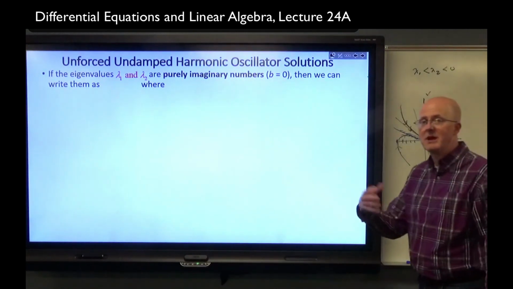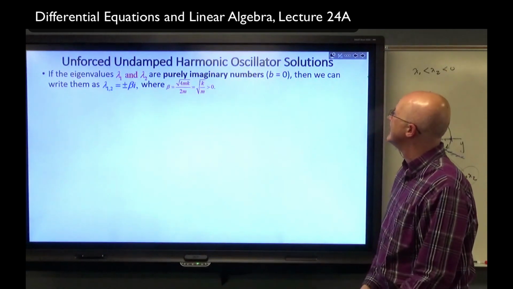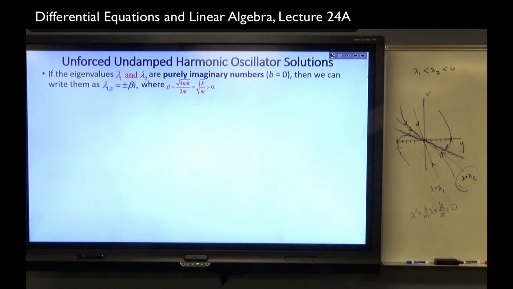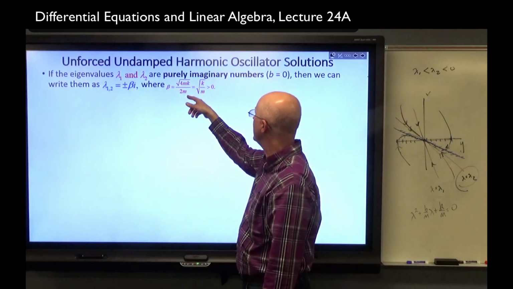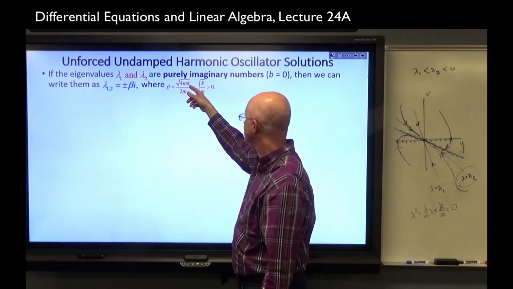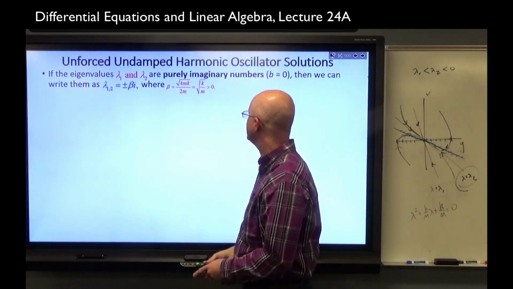So we get really just a plus or minus a square root of a negative number divided by something. The eigenvalues are plus or minus beta i, where beta is the second part of the quadratic formula, square root of 4mk divided by 2m, and I plugged in b equals 0 under the square root here as well. That simplifies to this, and then that is positive.